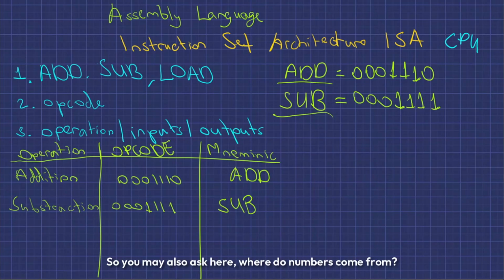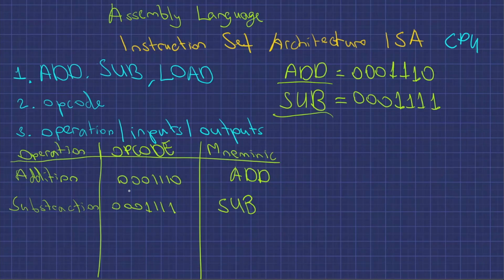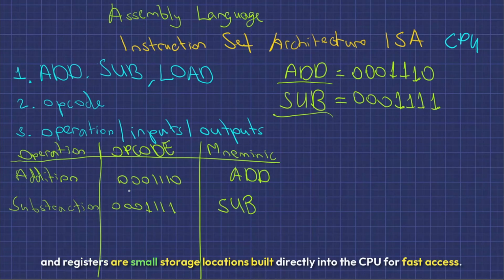You may also ask here, where do numbers come from? We are using numbers to use registers. When we add numbers, we have to specify what to add and where to put the result. CPUs use registers to store temporary data, and registers are small storage locations built directly into the CPU for fast access.